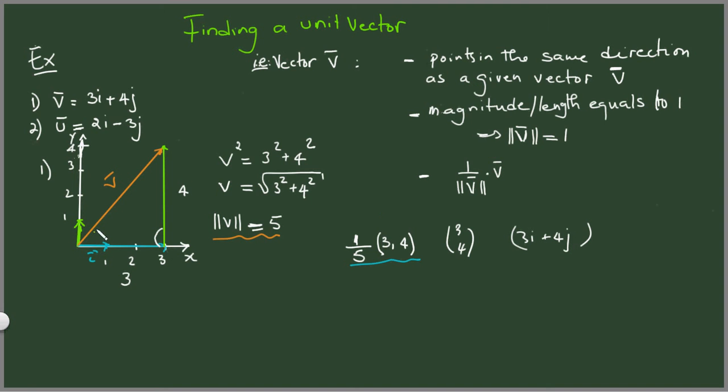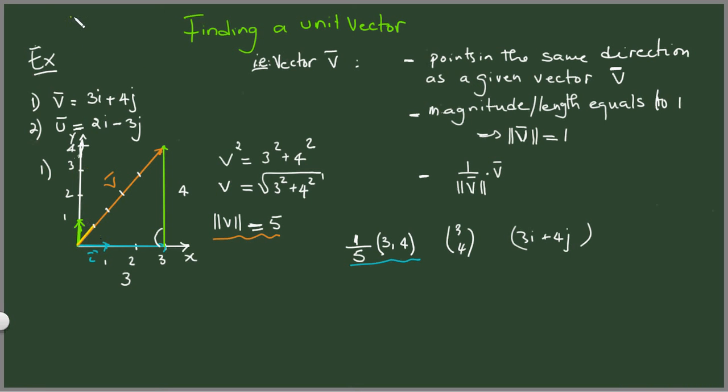We divide this by 5, so that it is 1, 2, 3, 4, 5. Of course, our unit vector will be this vector right here, from here to there.